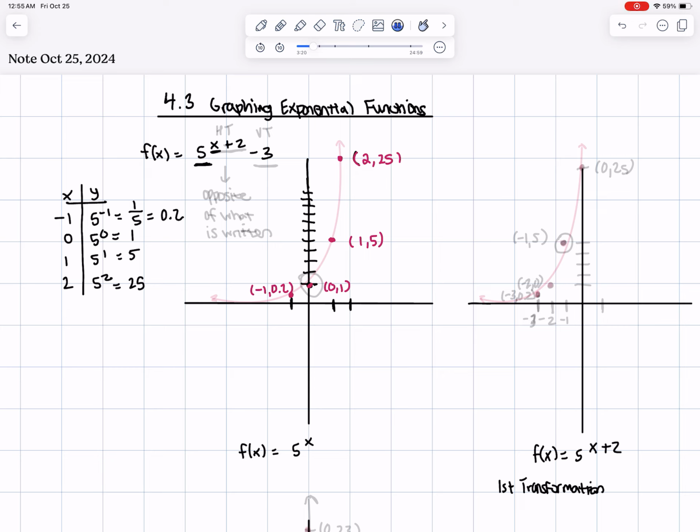So now we've graphed it out and we draw our line through our points. So this is our initial graph.